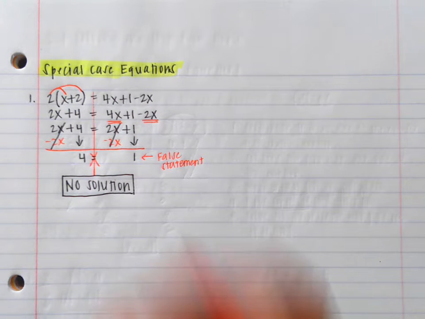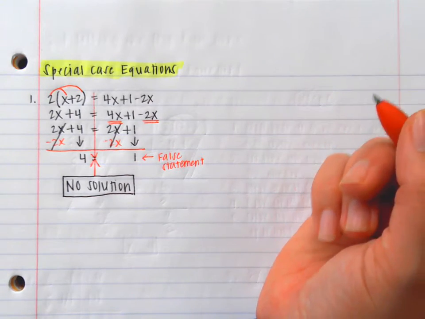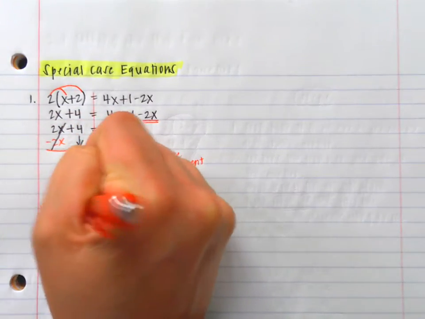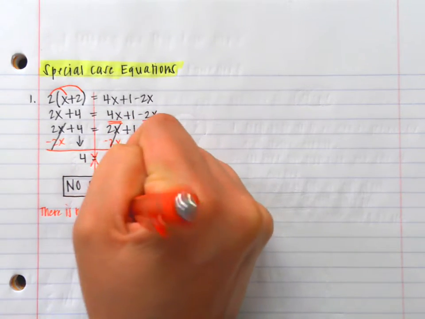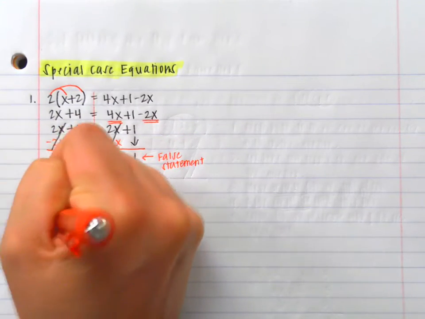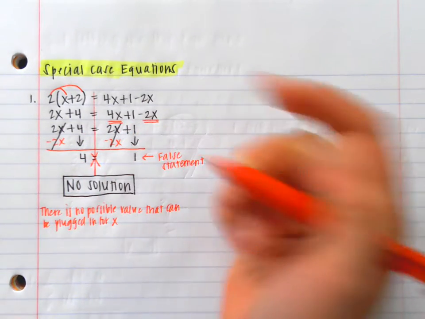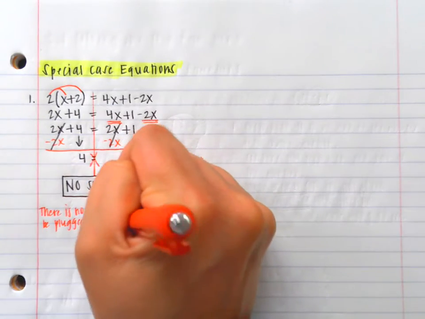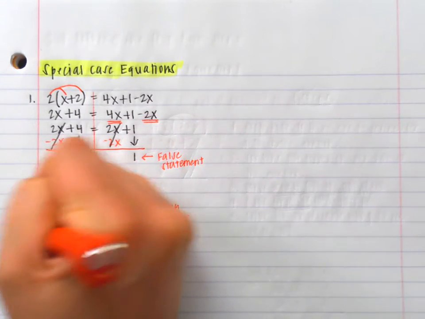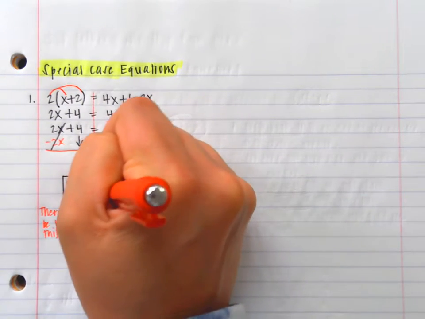What no solution means is there is no possible value that can be plugged in for x that will work for this equation. So that's what it means when there is no solution.